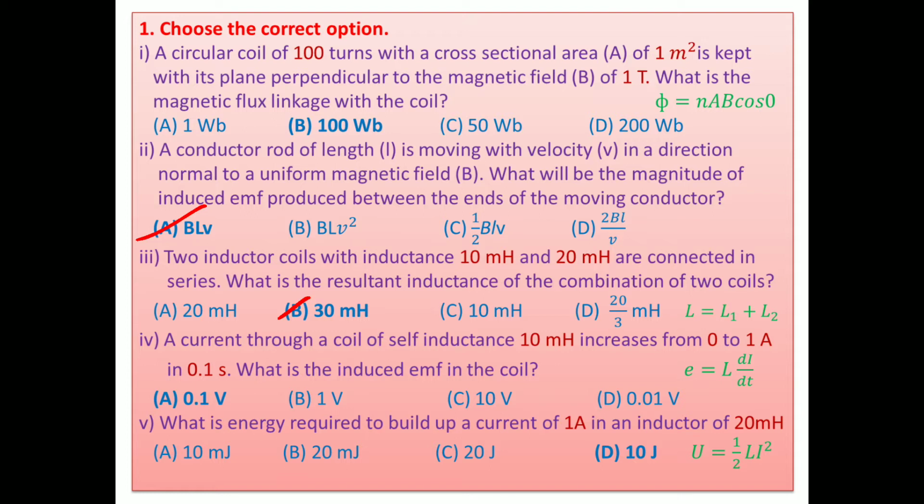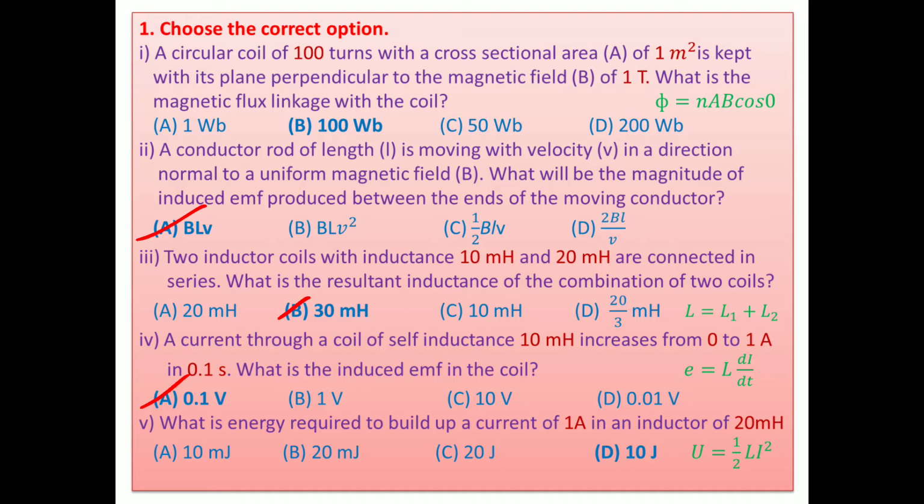Current changes from 0 to 1, so 1 minus 0 is 1. So 10 into 10 raised to minus 3 means 10 raised to minus 2 in the numerator, divided by dt, which is 0.1 or 10 raised to minus 1. The final answer is 10 raised to minus 1 volt, which means 0.1 volt. This is your answer. Simple numericals.